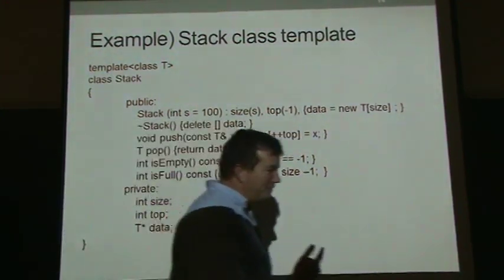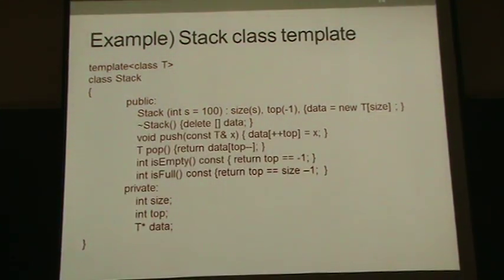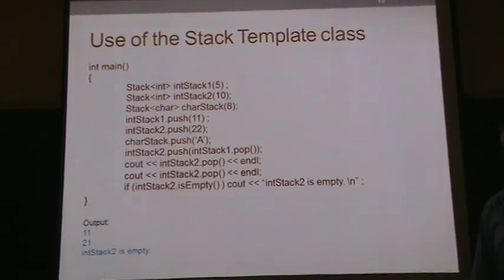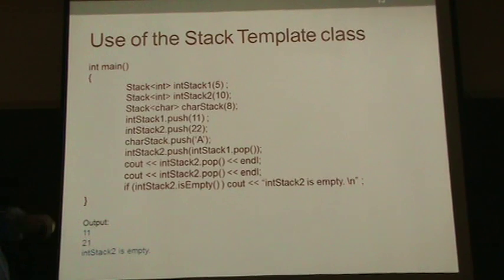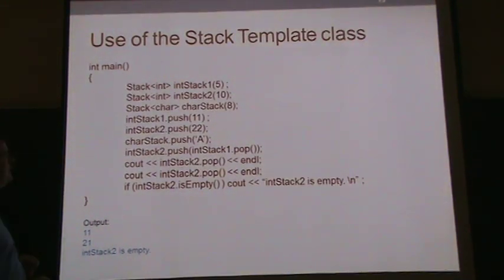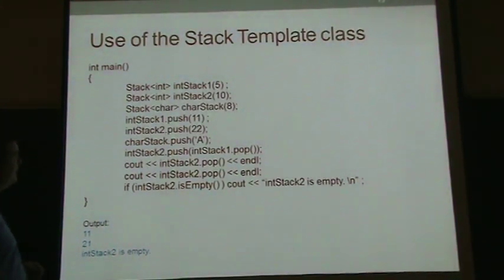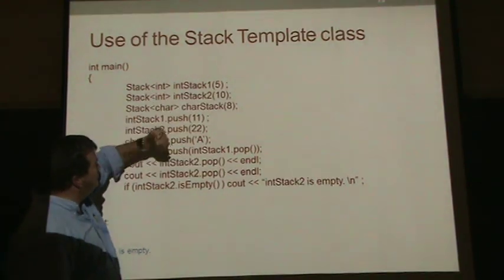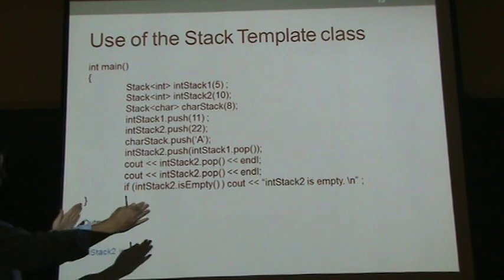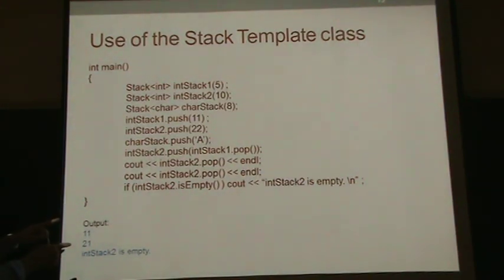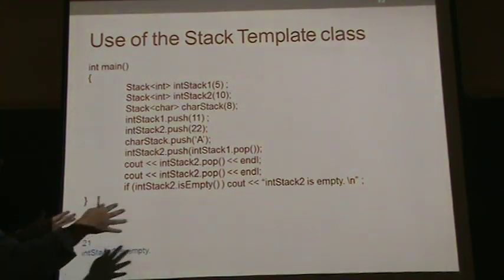Okay, so once we have declared this, then they become very easy to use. We declare it once, and then we can use it. This is just an example of something that's using it. For example, I want to make a stack of integers, and I'll call it int stack 1 of size 5. So now I create an array of size 5, I have a pointer pointing at it, and there's no data in it yet.